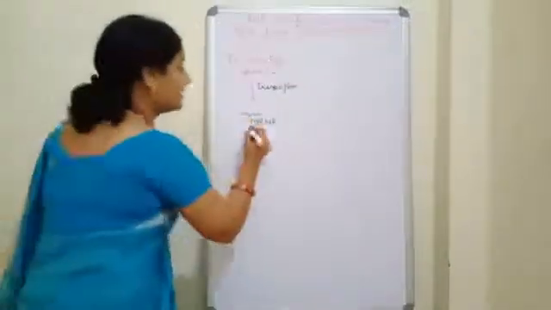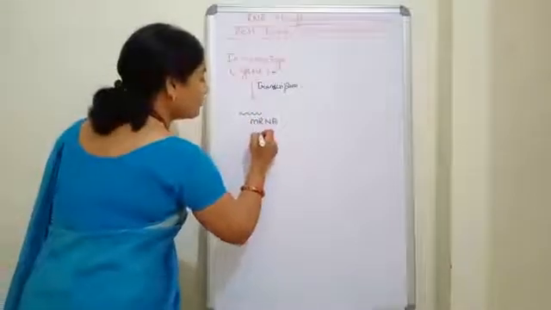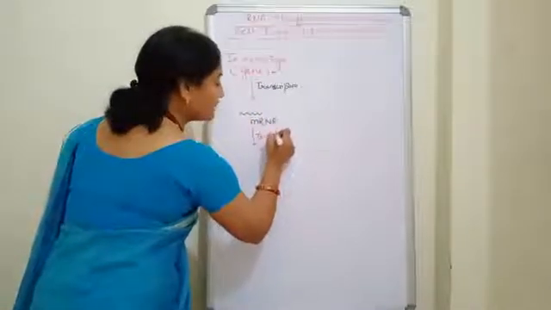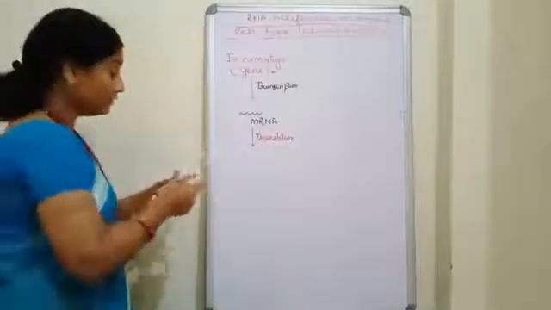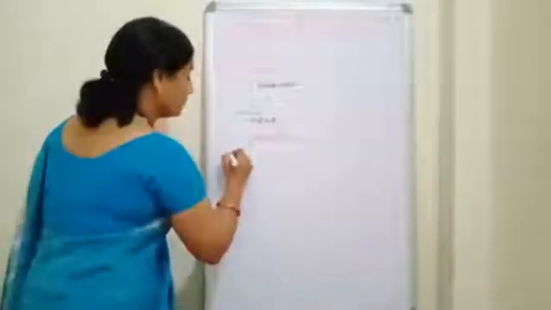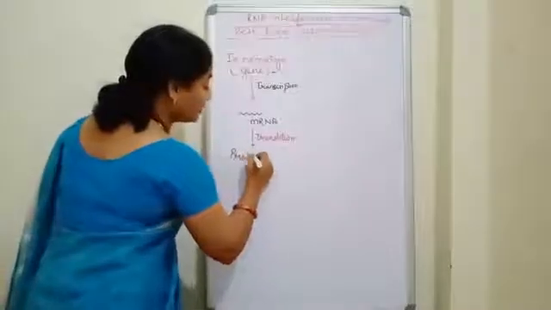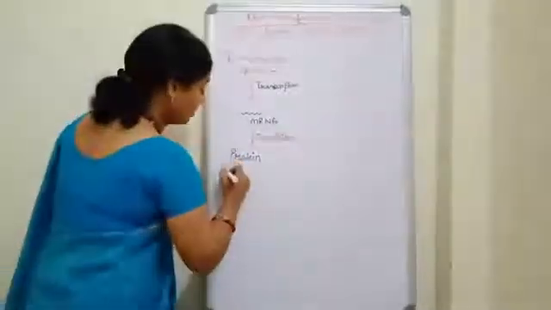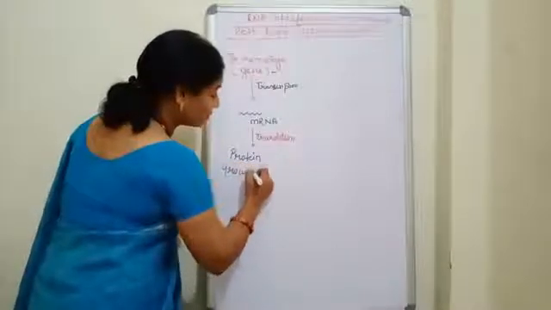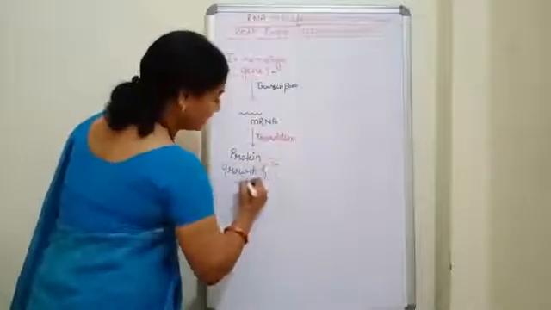This mRNA will again undergo the process of translation, and then what will it form? It will form the required protein, and this protein is important for the growth of nematoda.